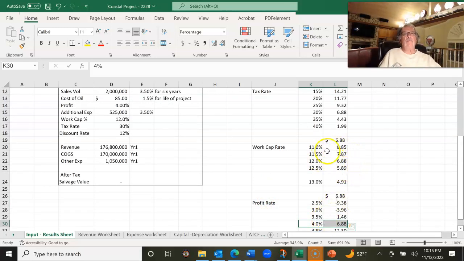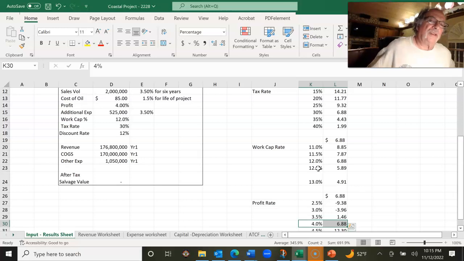It doesn't take much of a percentage change. 12% to 11.5% is not 0.5%, but it's 0.5% over 12%.